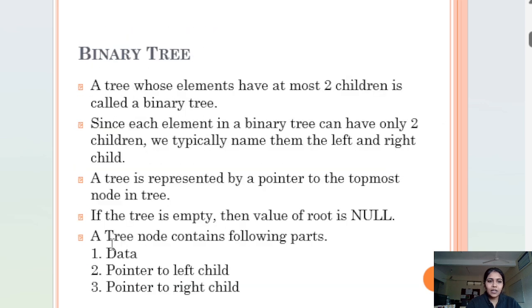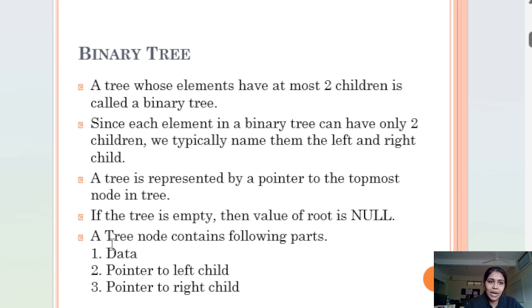Then after that we see the binary tree. What exactly does binary tree mean? A tree whose elements have at most two children is called a binary tree. At most means 0, 1 or 2, not more than two children.